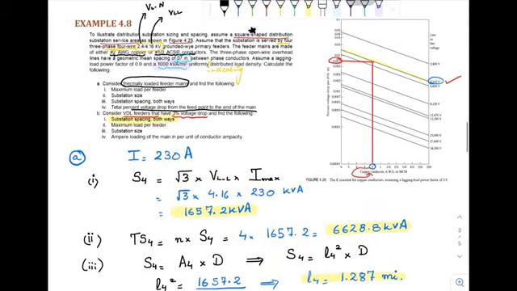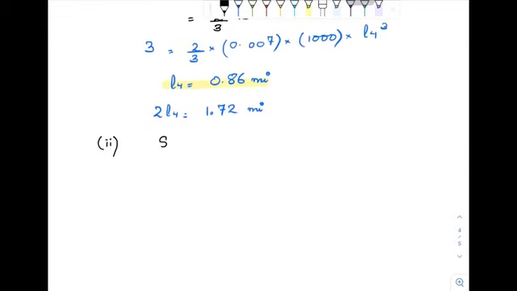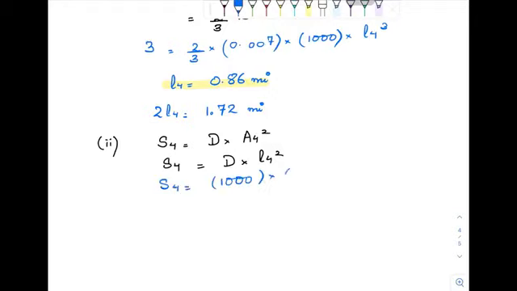We need to compute the maximum load per feeder, which is S4, given as D into L4 squared. So S4 is equal to 1000 times 0.86 squared, which is 739.6 kVA. So this is the load served by one feeder.